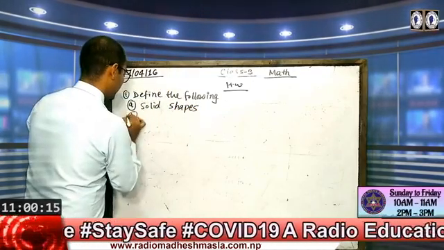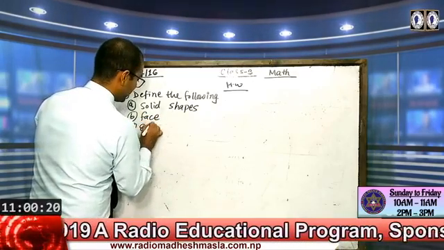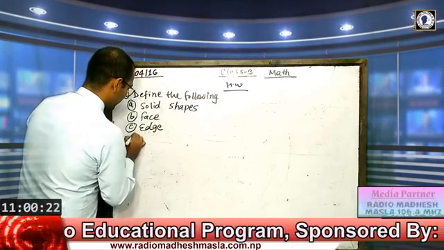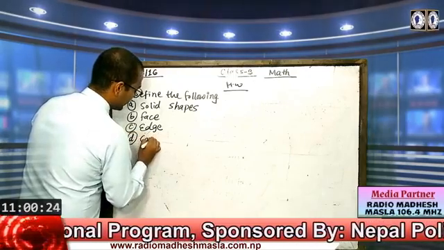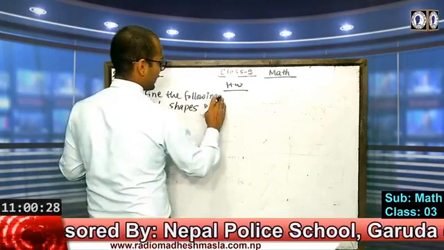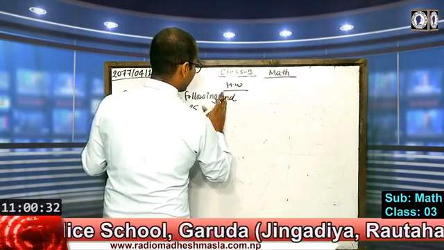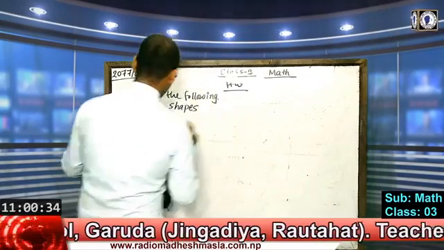Question number B, face. C, corners. Define the following, this much.